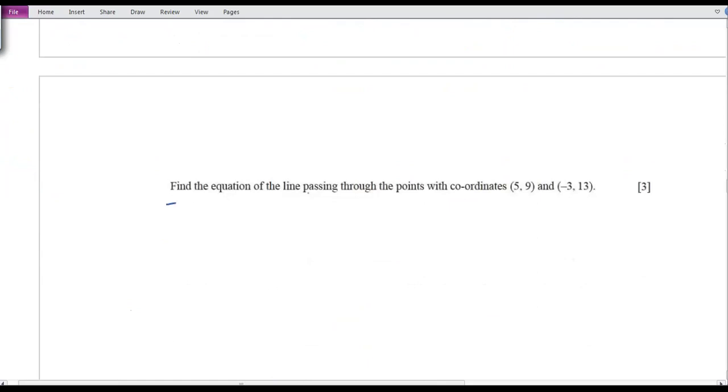Okay, the next question is to find the equation of a line passing through these 2 points. It's exactly the same. We know a line is always mx plus c. Now, if this is your x1, y1 and this is x2, y2, first you need to find the gradient, because you have 2 points and you want the equation of a line passing through them.